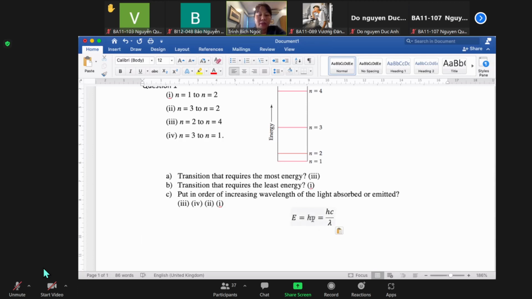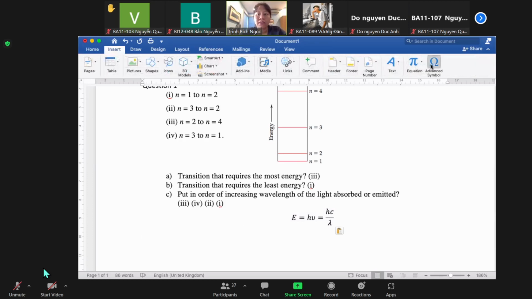So h, this one is nu, called in English, in Vietnamese or in French is nu. This is the frequency, okay? Or you can rewrite hc divided by lambda, and lambda will be the wavelength.